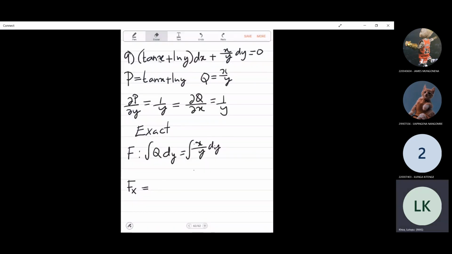Okay, so the way to integrate this is x, then the integral of 1 over y dy, and we know that the integral of 1 over y is ln of y.